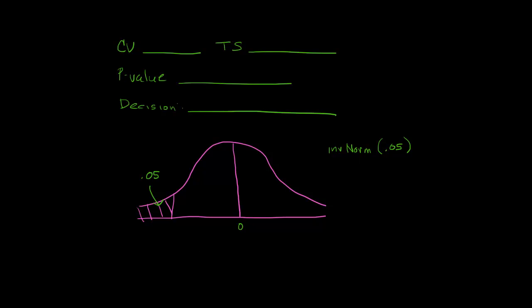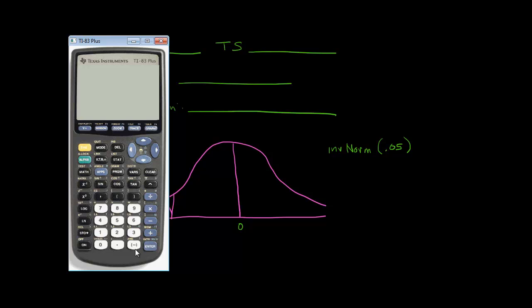Okay, so let's look on the calculator. We'll find that in our distributions. 0.05. And we get negative 1.6448. This is the one we typically see rounded to negative 1.645.